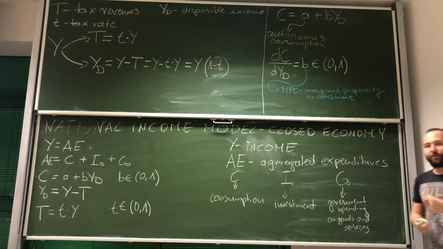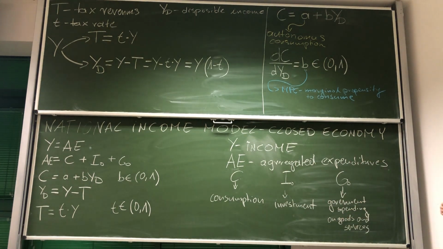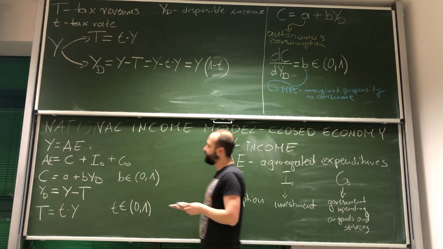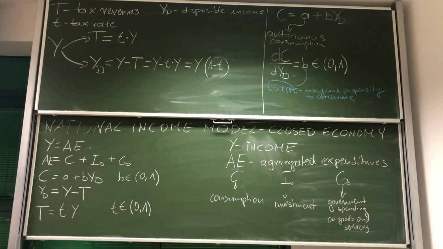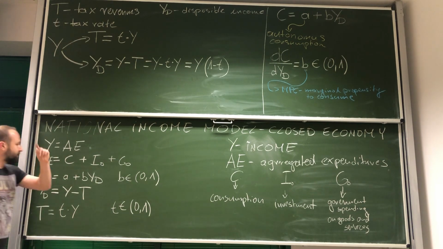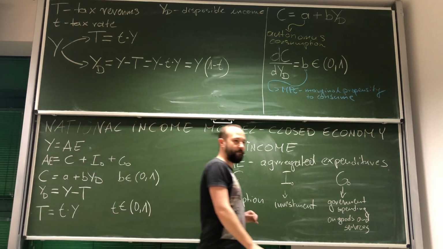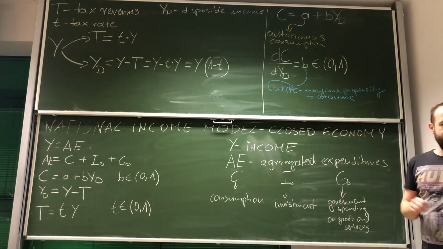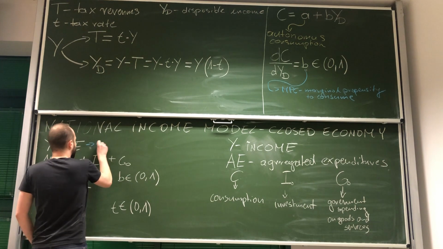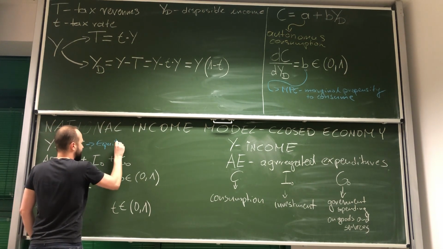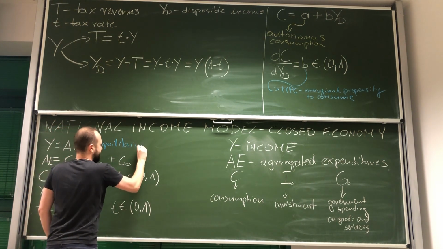So for equilibrium to persist in this model, we need to have income equal to aggregated expenditures. And this should tell us another important thing. What type of equation is this? Well, this is the equilibrium condition.